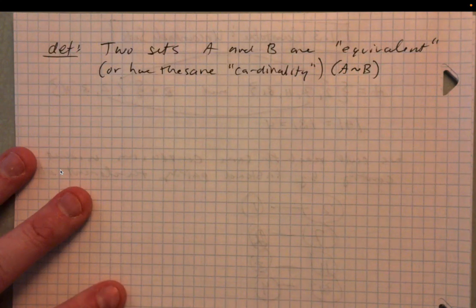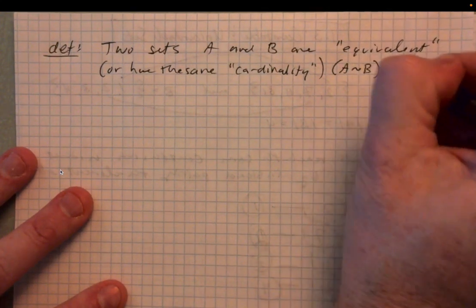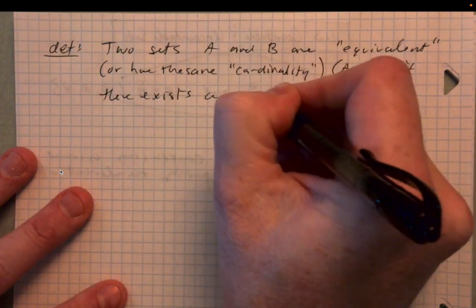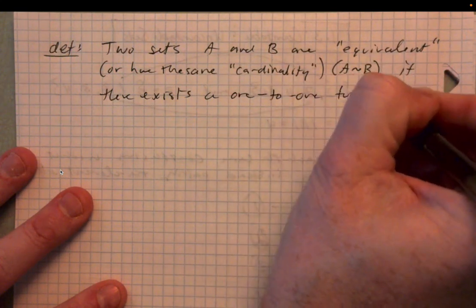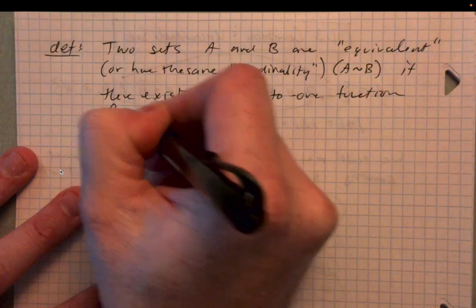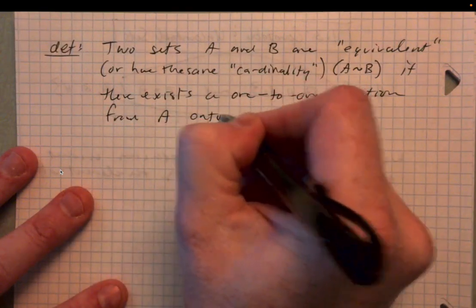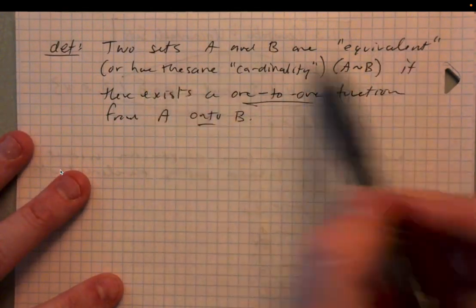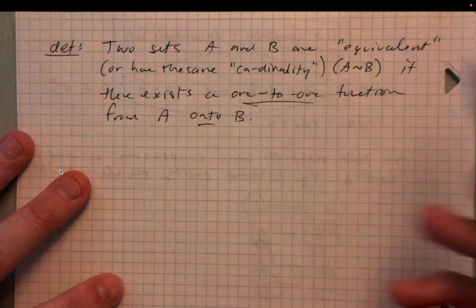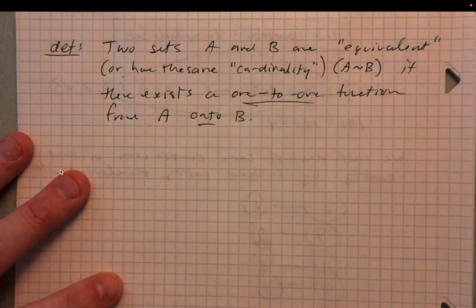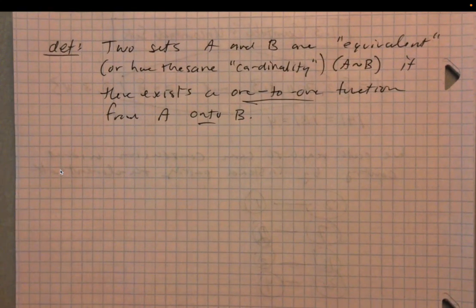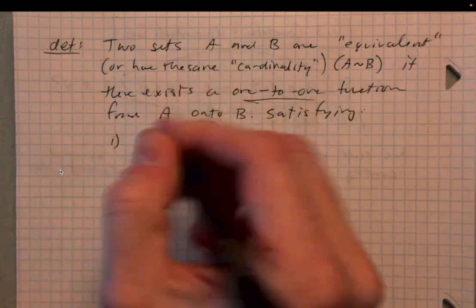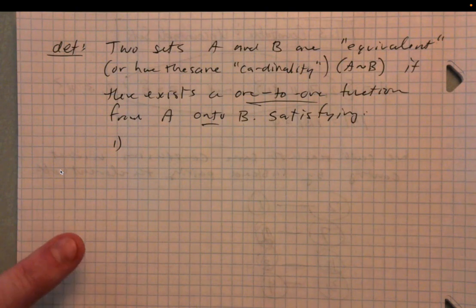So A and B are said to be equivalent if there exists a one-to-one function from A onto B, one-to-one and onto. And this function has to satisfy certain criteria, the normal equivalence relation type of things.